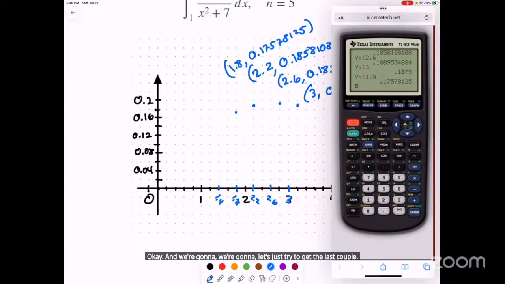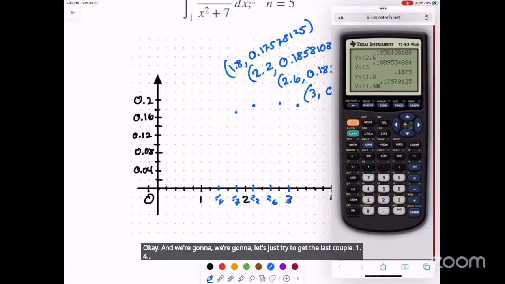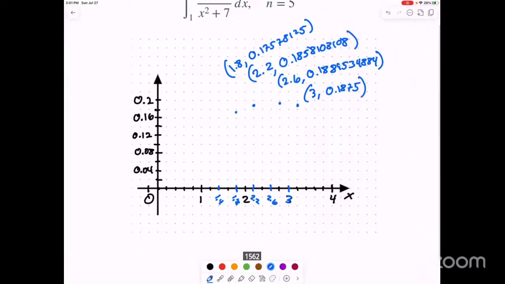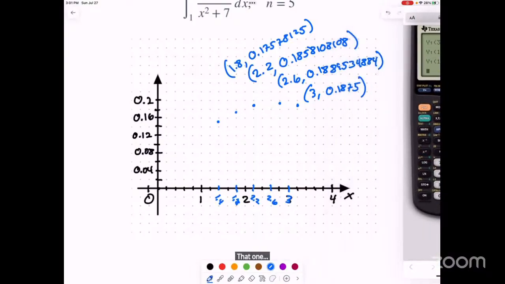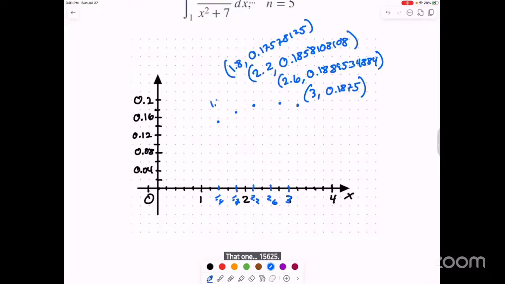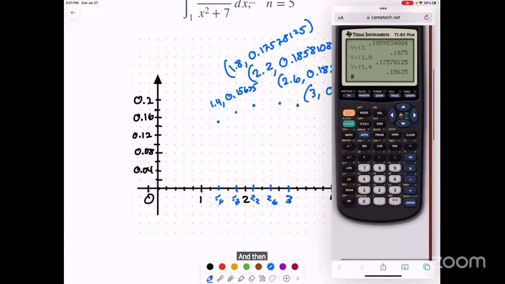And let's just try to get the last couple. 1.4. 0.1562.5. 12, 14, 16. It's about here. That one, 0.1562.5. And then the last is when x is 1.